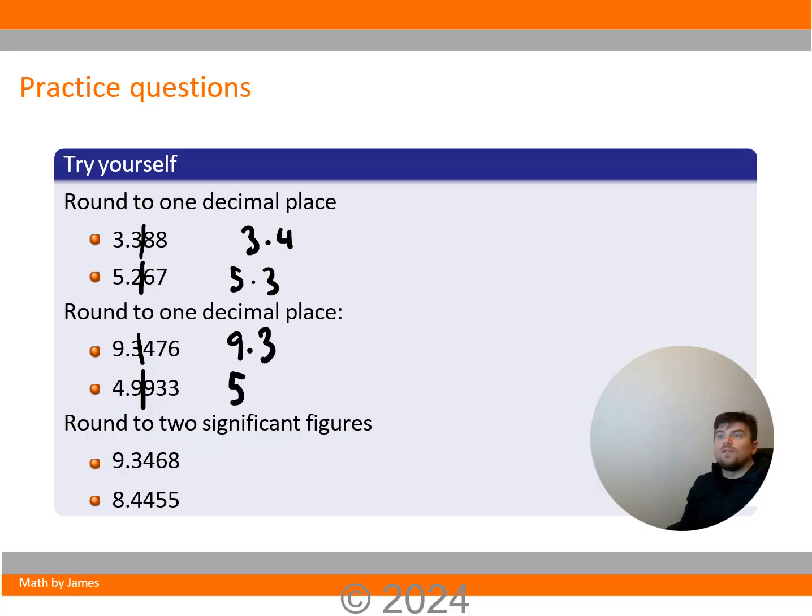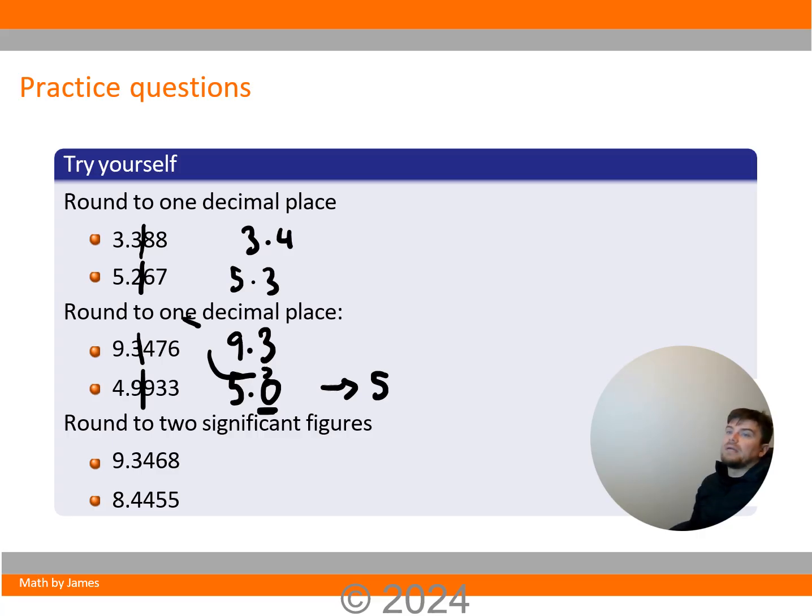This would go as 5.0. But even if it's 5.0, don't just write 5, write the 5.0 to show the examiner you understand the decimal place. We can have the 0 there in this instance because this would round up, which would mean we add another tenth, which means we've got 10 tenths, which goes into the 5, and that makes it 5.0.